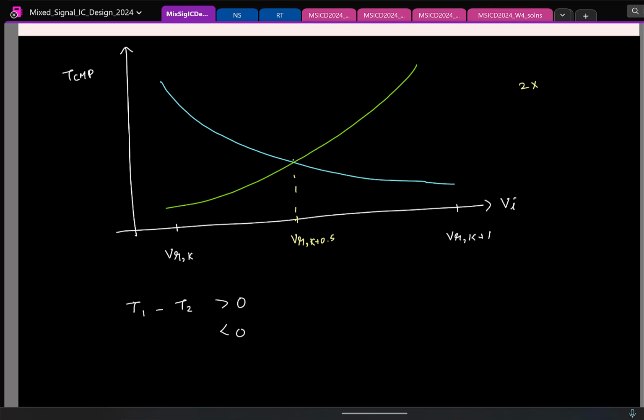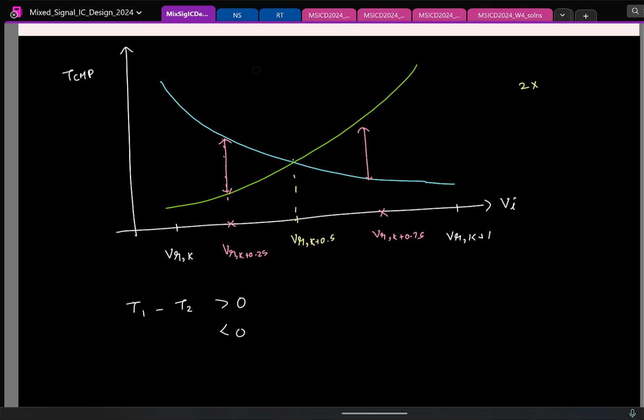Now let us say you want to do 4x interpolation, which means we have to compare with these voltages. Let us say this is k plus 0.25, and this is k plus 0.75. Now I have to check if the time delay is this much or this much. Again, both should be equal.